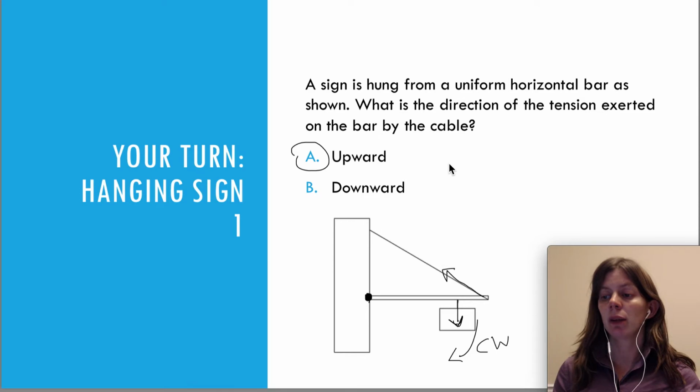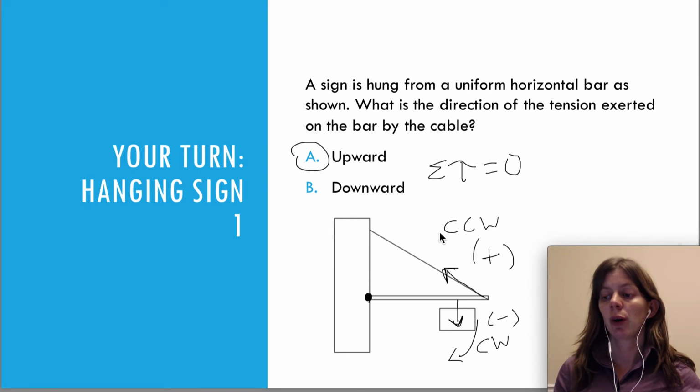If the net torque must be equal to 0, that means that the torques must balance. If there's a negative torque clockwise, that was the sign convention that we used, clockwise rotation is negative, then there must be a positive, counterclockwise torque to balance it out. So that tells us that the tension must point in this direction, away from the object and upward.